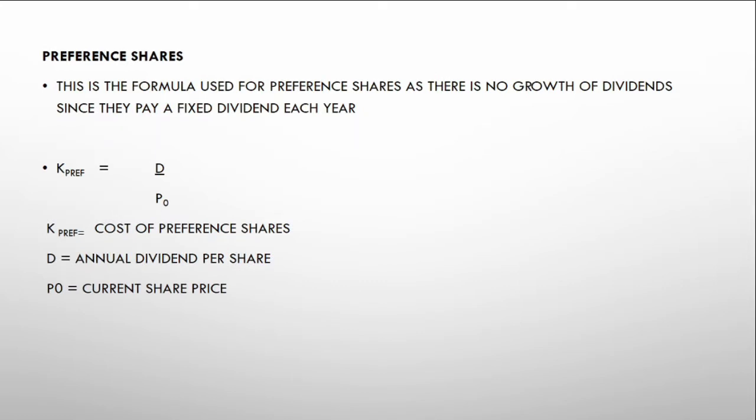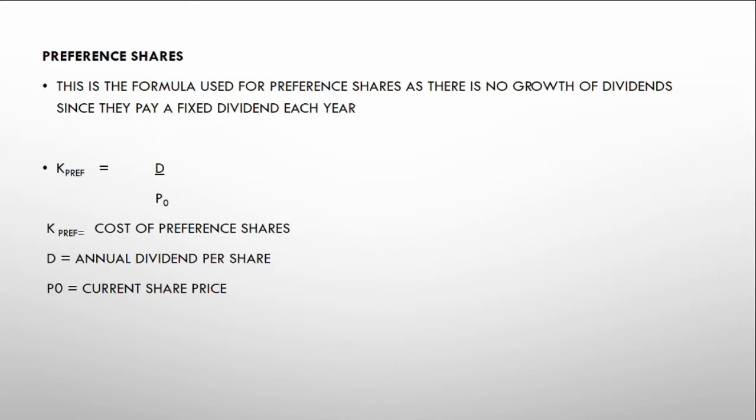So now that we have looked at the dividend valuation model for ordinary shares, we need to determine how we determine the cost of preference shares. If we think about preference shares, the preference dividend is fixed at the commencement of the investor holding the preference share.